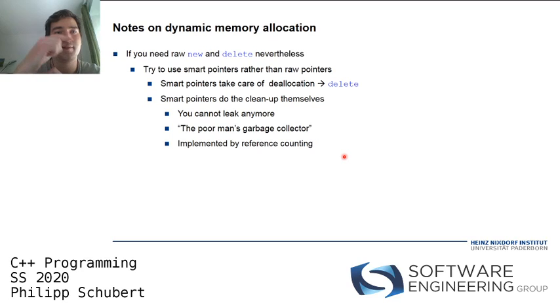The number of users can increase, of course, but at some point the number of users also decreases. And if the number of users hits 0, then the deallocation, the call to delete, takes place, and it is safely cleaned up. So this is called reference counting. We will go into all the details in the corresponding lecture.